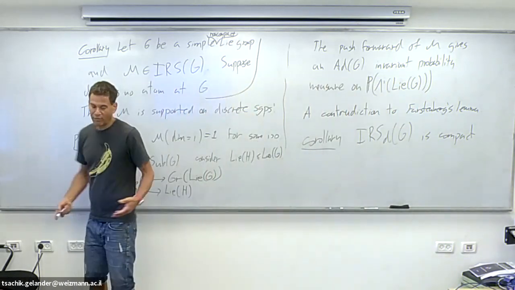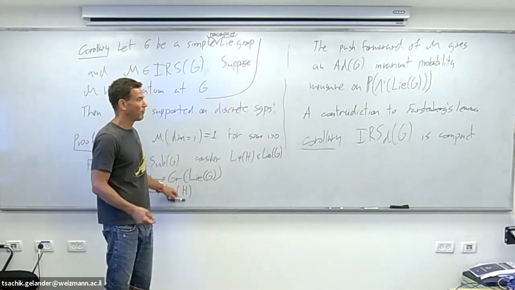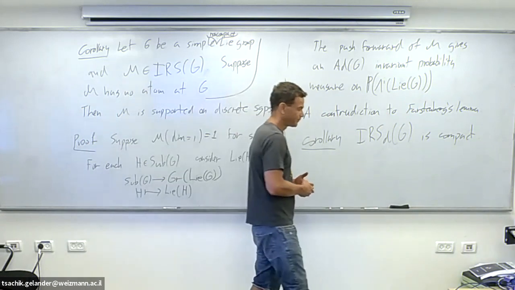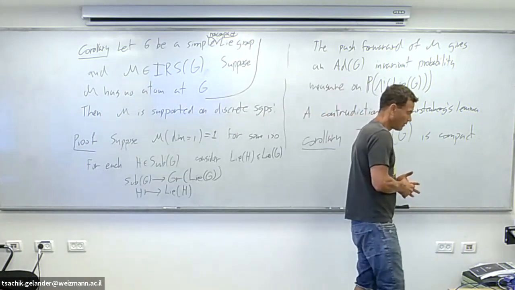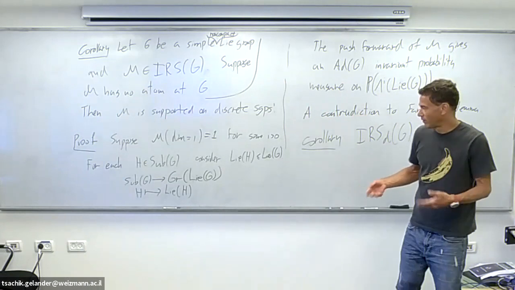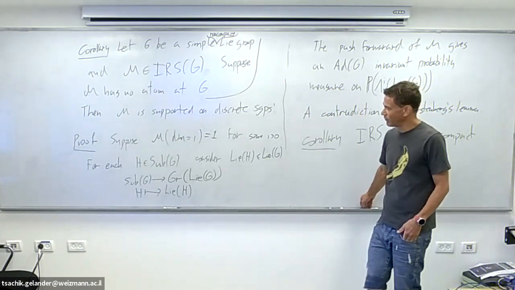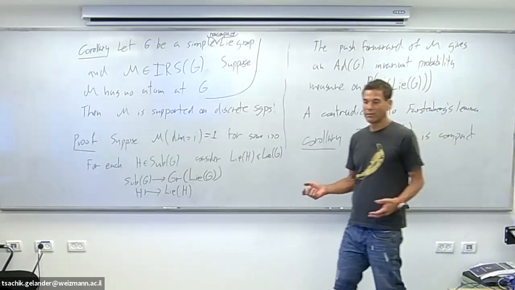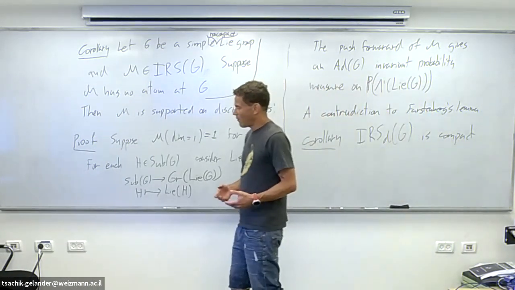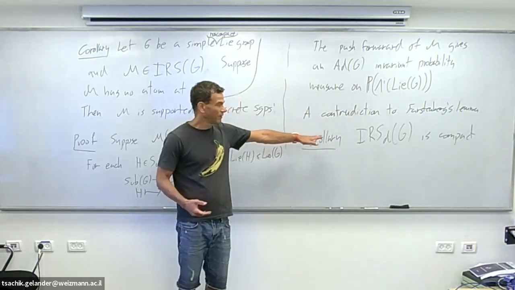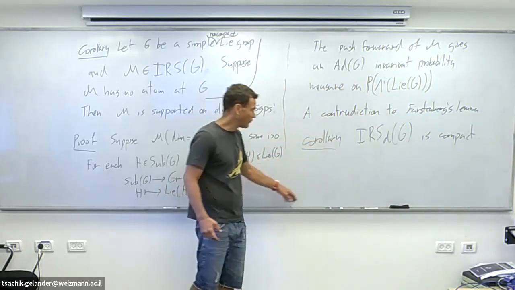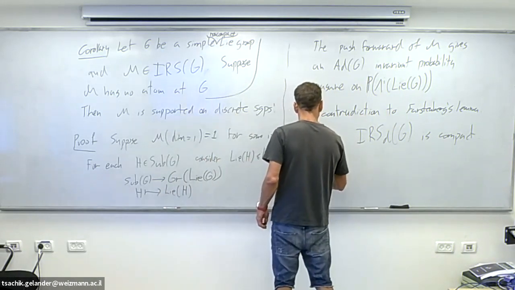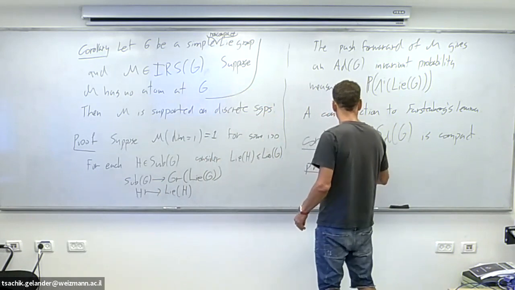So the space of closed subgroups is compact, and therefore by the Banach-Alaoglu theorem, the set of IRSs is compact, with the weak-star topology. The space of discrete subgroups is not compact, it's an open subset, but the space of measures on that is compact, because every measure, since proof, it follows from the previous corollary.